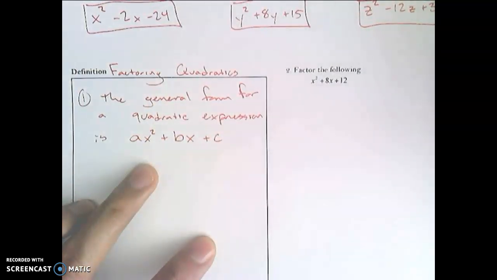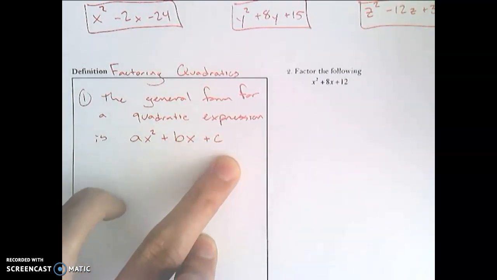So we have ax squared plus bx plus c, so we've got an x squared term, an x term, and just a constant, just a number.